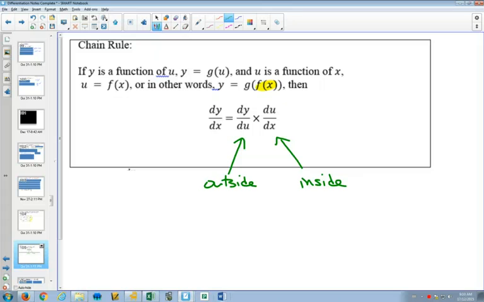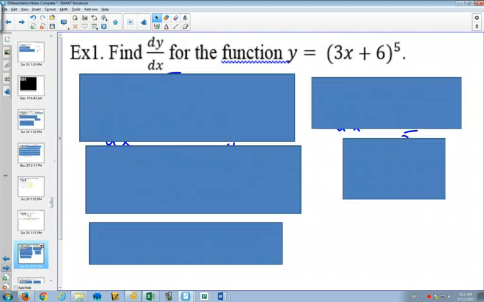But the most common outside function is a power function, where the exponent is 3 or 7. As is the case here, the inside function is 3x plus 6. The outside function is the power of 5.